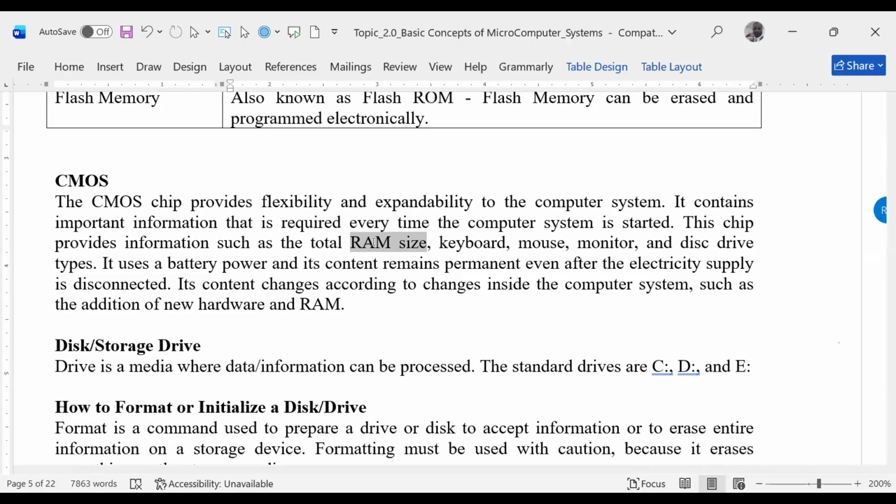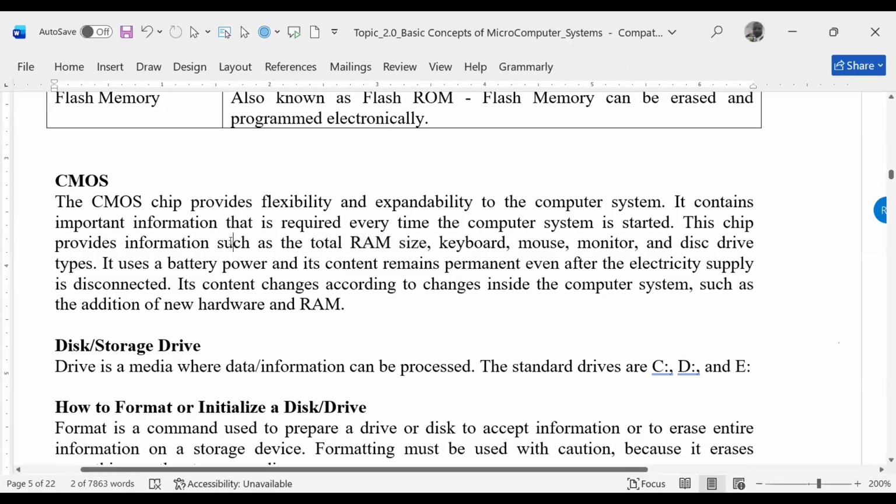And this CMOS uses a battery that keeps track of date and time. So even when your machine is switched off, it's still working because there's a component called the CMOS battery that keeps track of date and time for you. And then the CMOS keeps on changing based on the devices connected to your computer system.